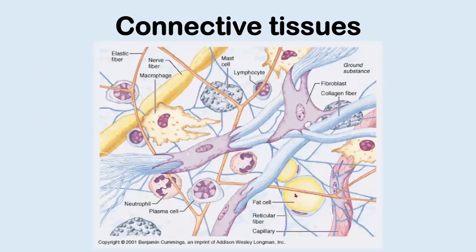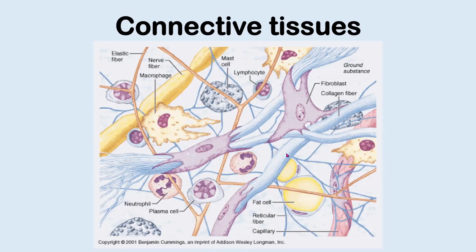And it looks something like this. So there's cells there like blood cells. And that's a mast cell, and the mast cells control certain hormones. Lymphocytes, white blood cells. These are more white blood cells, plasma cells, neutrophils.